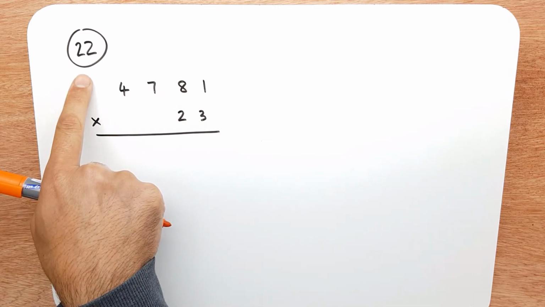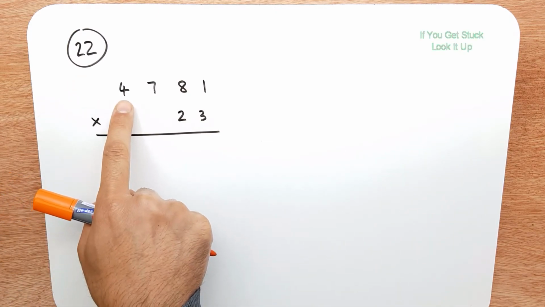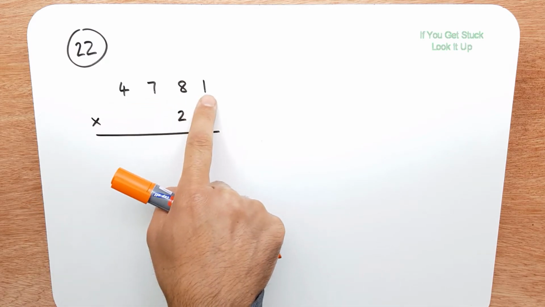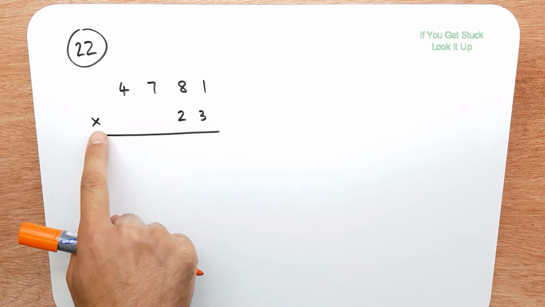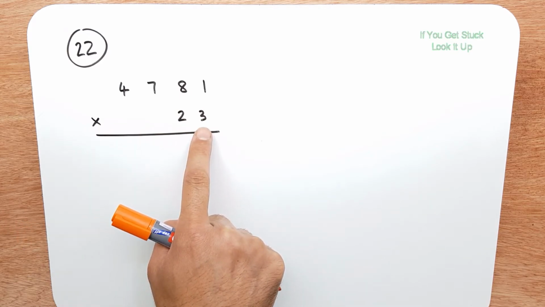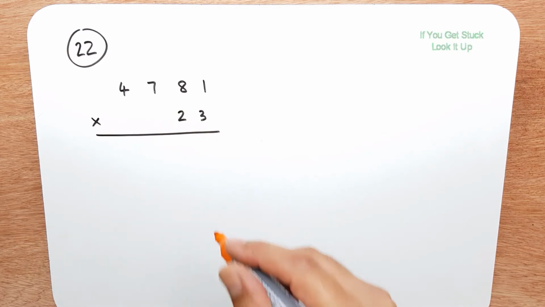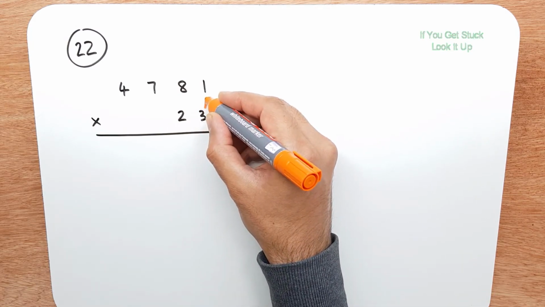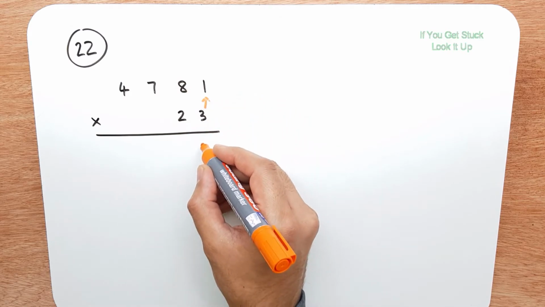Question 22, we're given 4,781 times 23. And we can do simple column multiplication. So let's start. Let's do 3 times 1 first, which is 3.